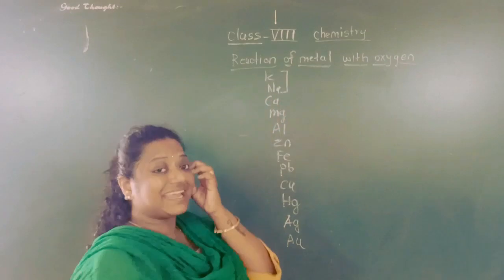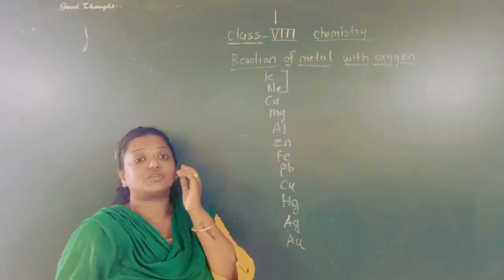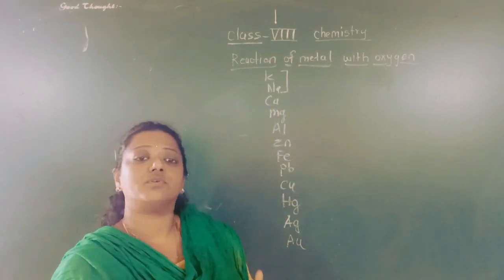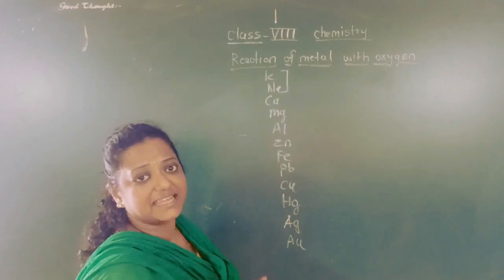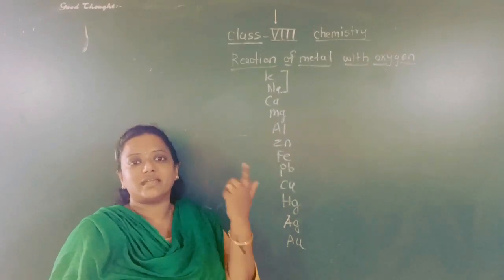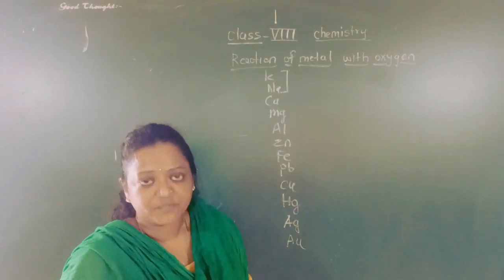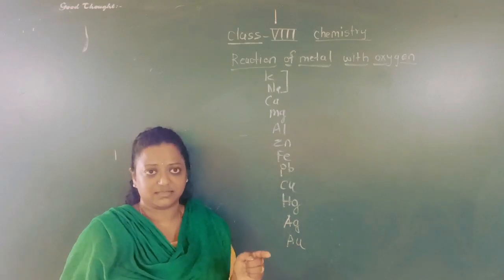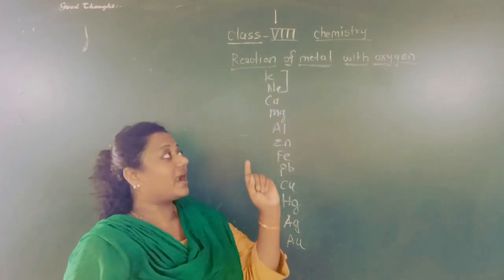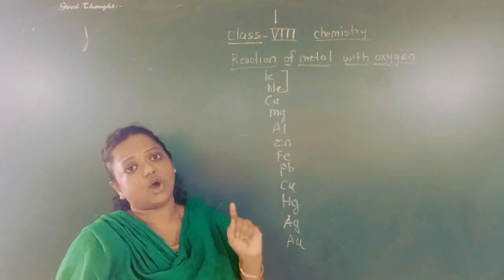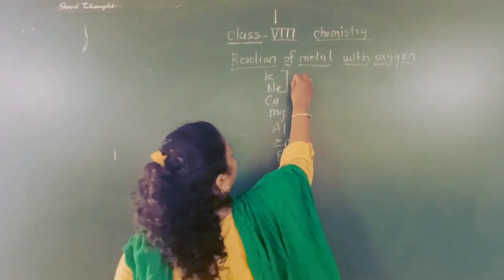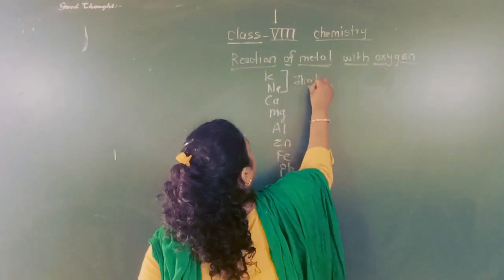These are highly reactive metals, right? So they do not require any medium to catch fire. Highly reactive metals can immediately catch fire with atmospheric oxygen and form their oxides.